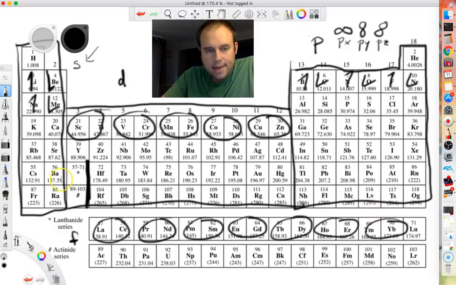All right. And then when you get to that point, you're returning back up here to the d orbital when you get there. So when you are working with this, these are the different areas of the periodic table that refer to a given orbital. So you have s orbitals, you have p orbitals, you have d orbitals, so on and so forth. So that's important to understand.